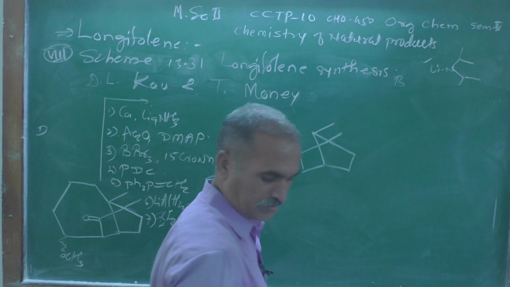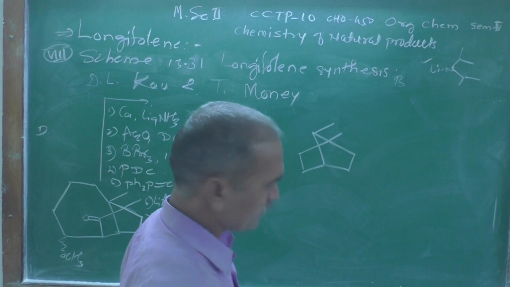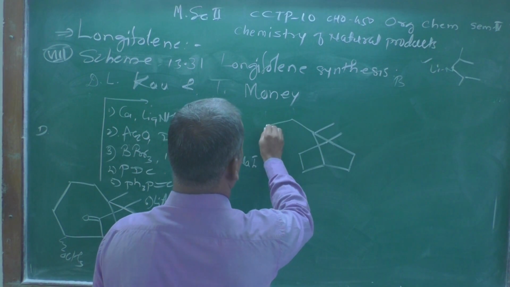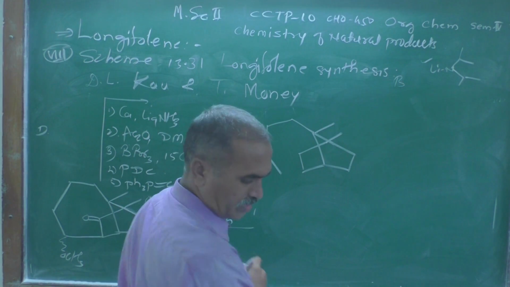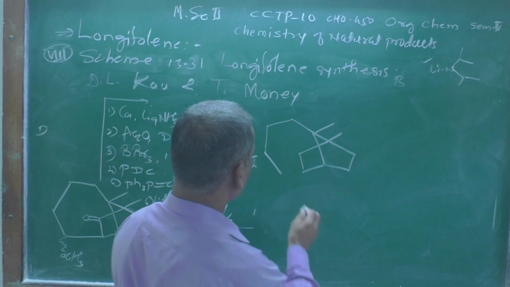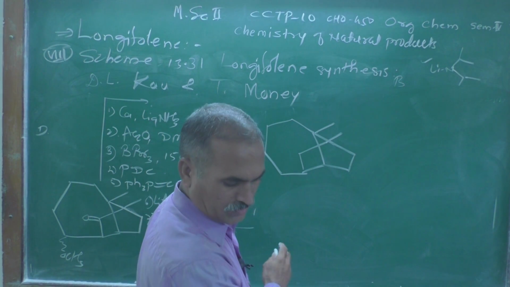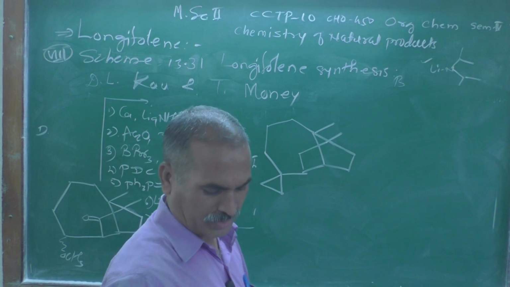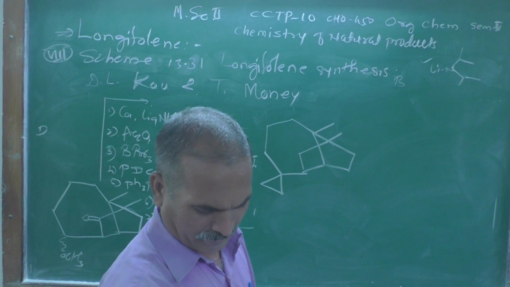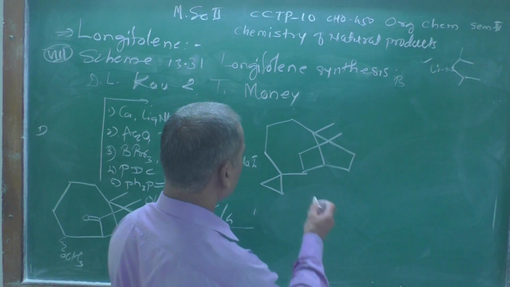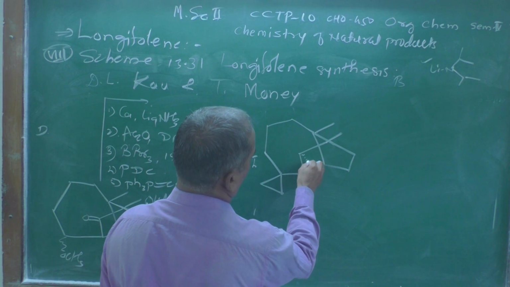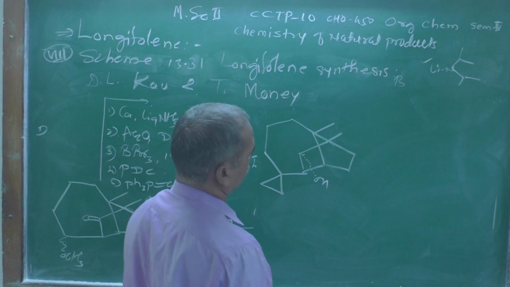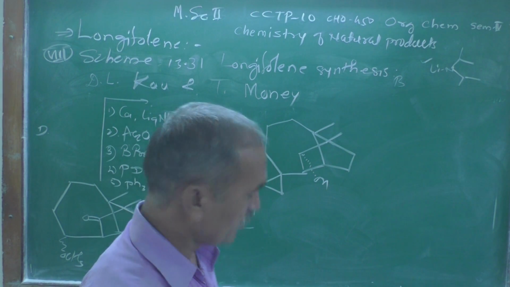So methyl group, then this, and this one, where we will get a cyclopropane type of ring, and here the OH group is formed over there.